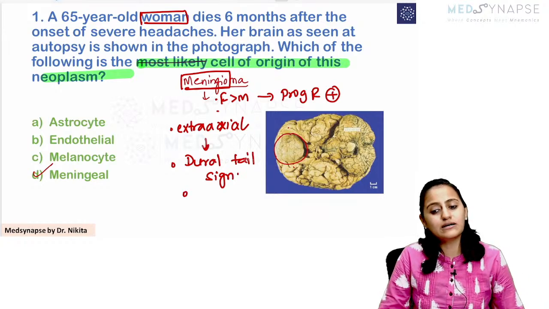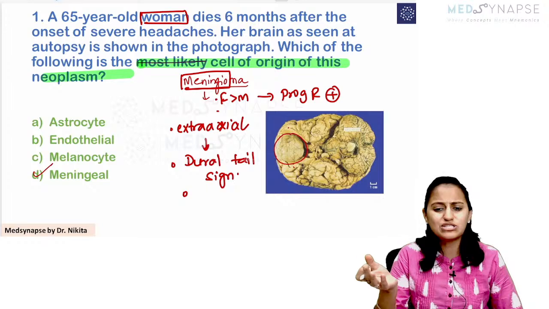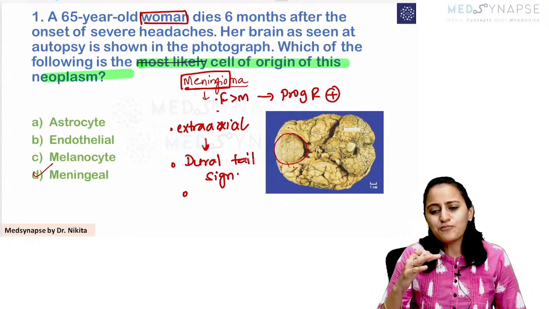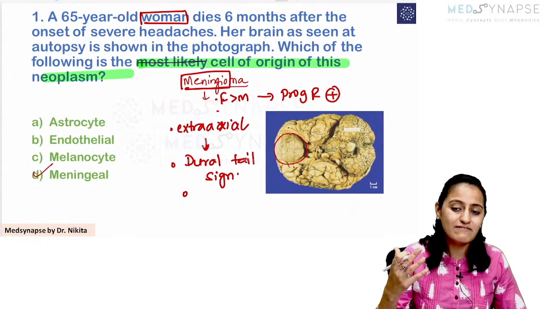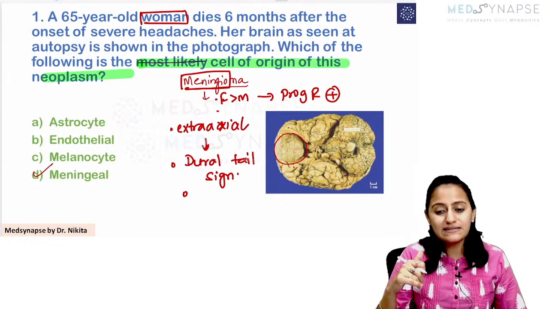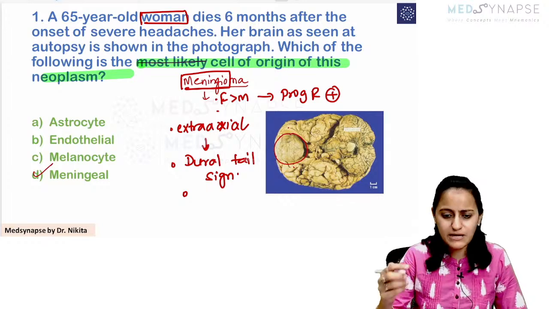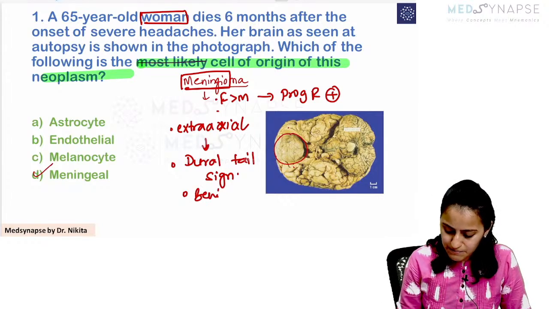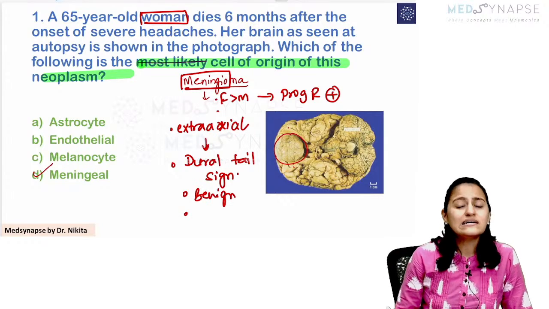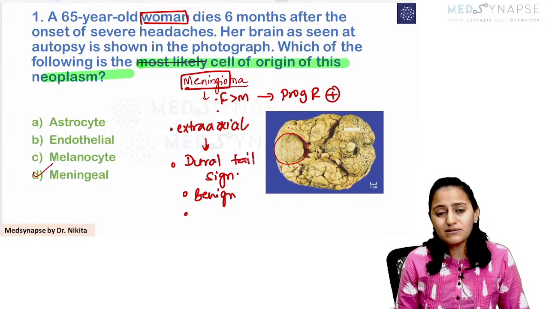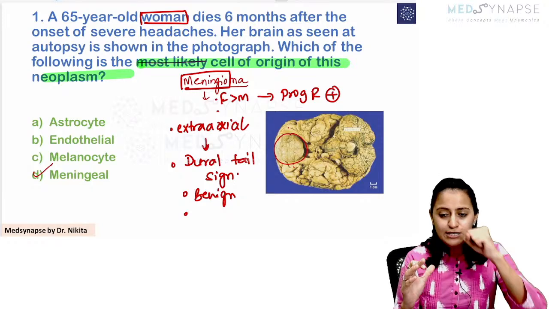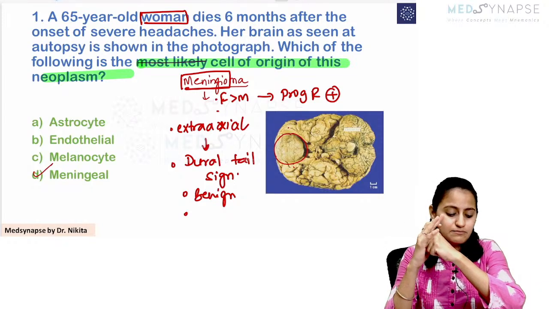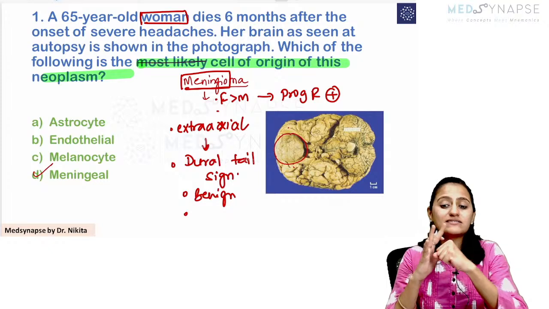Another important question: is meningioma generally benign or malignant? It's generally a benign tumor, like many times a female would have it and not even know it until the imaging is done because of headache or something. The next point to be remembered is, does it cause hyperostosis or bone erosion?